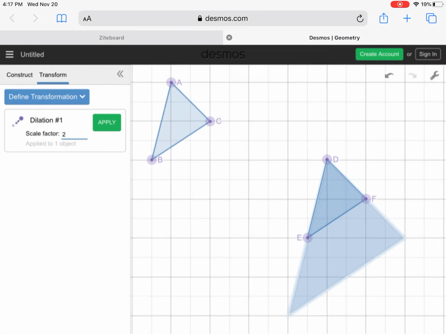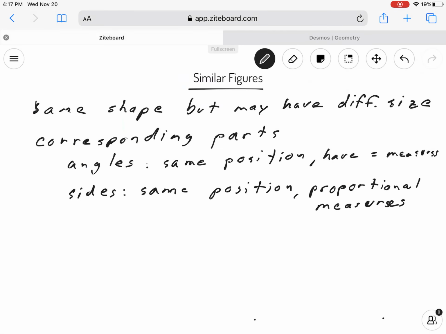Okay, so back to our triangle, this side that has points D and E is proportional to AB, but it's not the same size. It's increased by a factor of 2. Okay? So we can go ahead and start to use that.